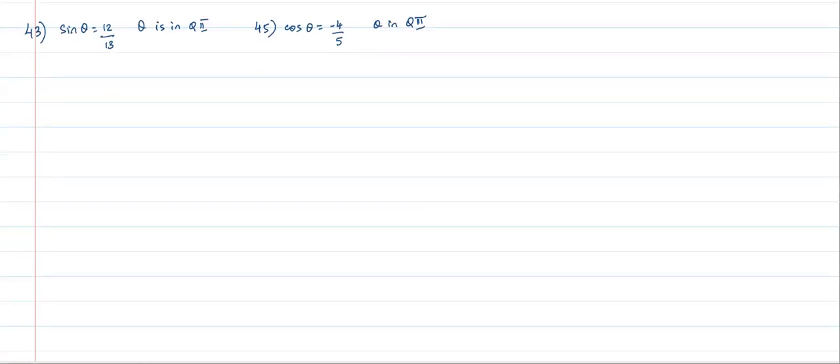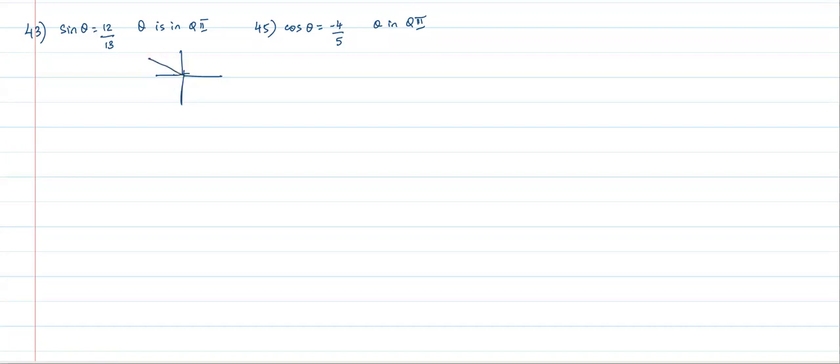Sine theta is 12 over 13, okay, in quadrant 2. So y over r, correct? Oh, I'm sorry, this is in quadrant 2. So quadrant 2, my angle is like this, right?